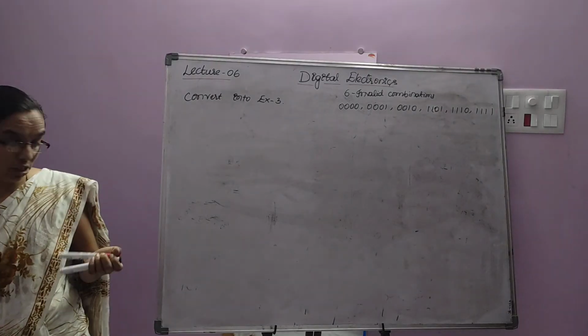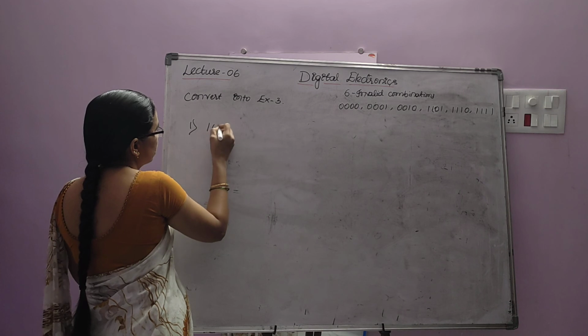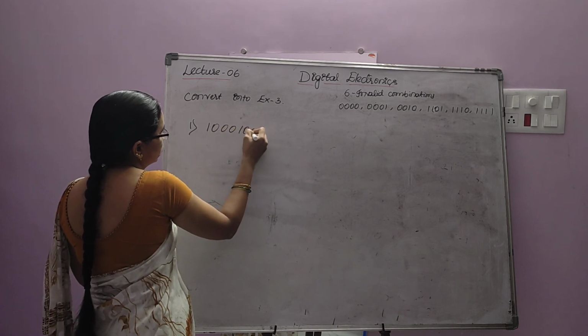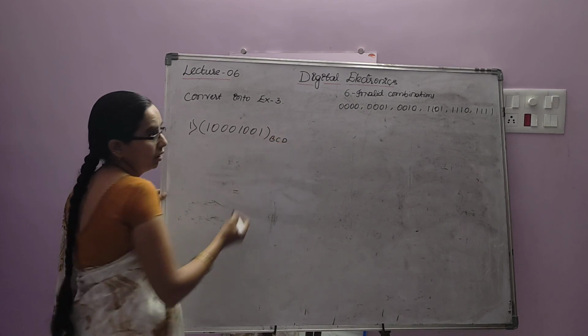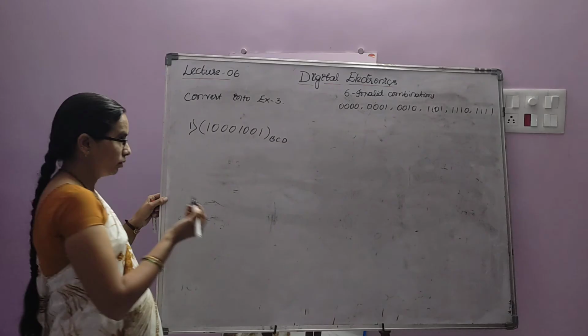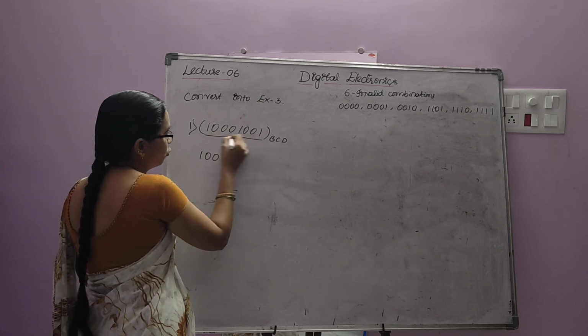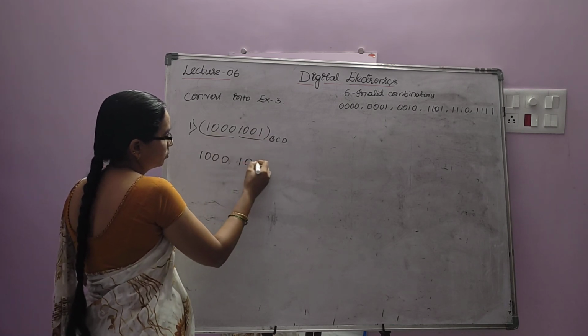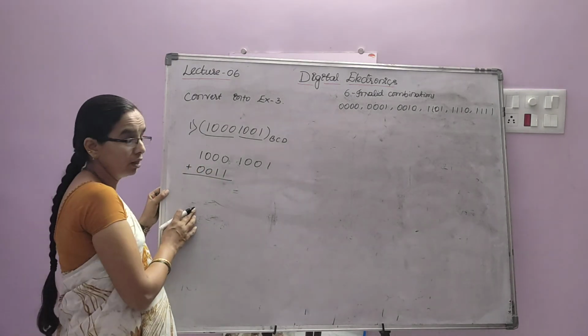Next is BCD to excess3 conversion. In that, the first one is to convert this BCD number into excess3. In that, you should take the group of 4 bits separately and add 0 0 1 1 to that. What is the binary equivalent of 3?